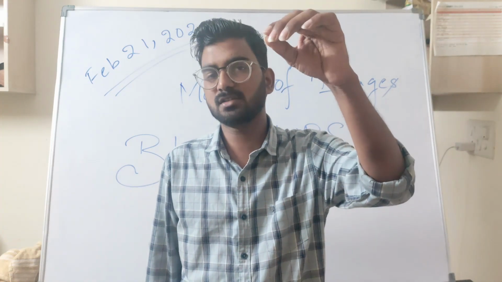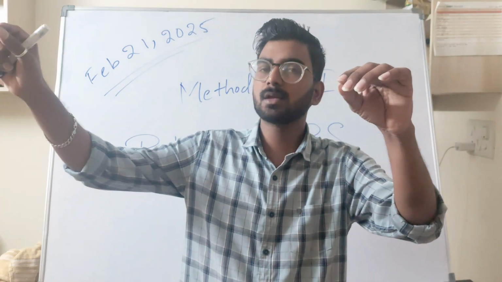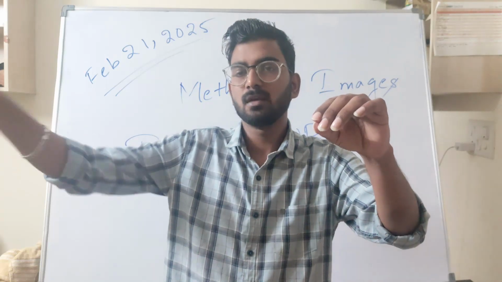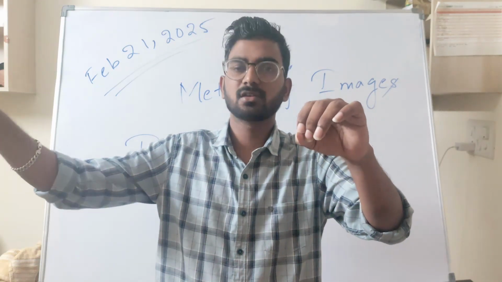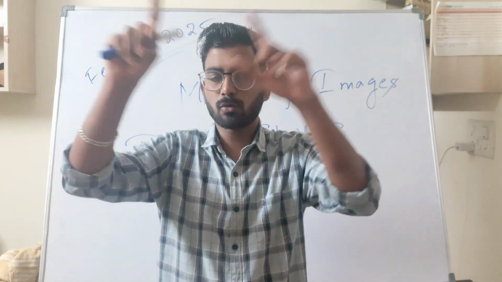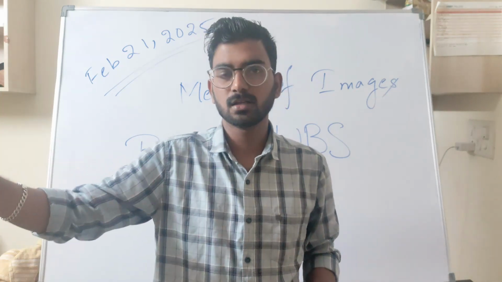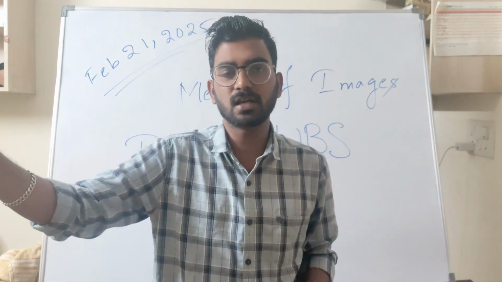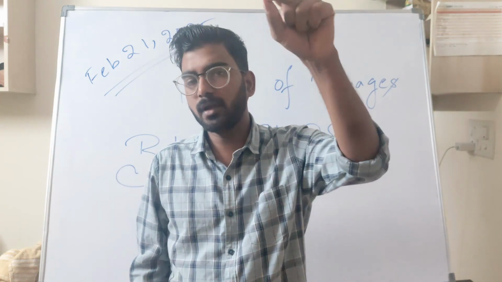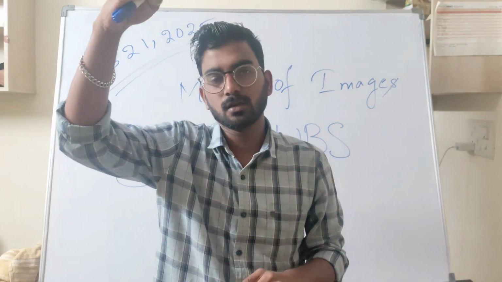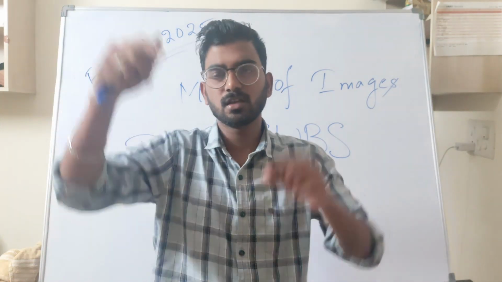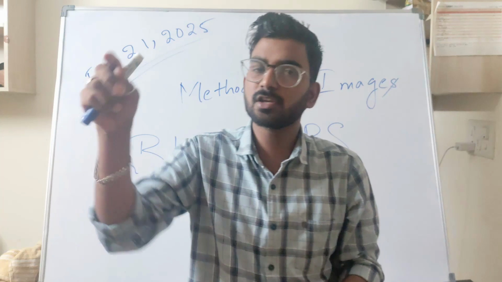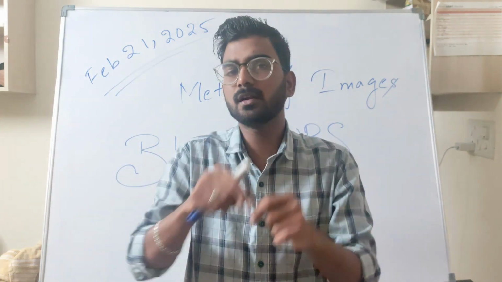Above it there is a point charge plus Q. Now you have to find the potential at point P, which has coordinates x, y, z. The point charge is at a distance d, say at 0, 0, d.